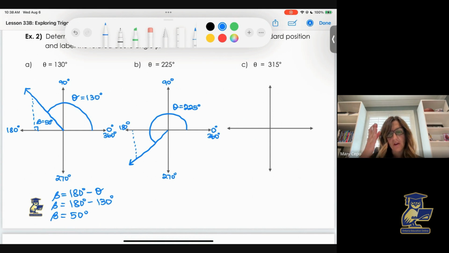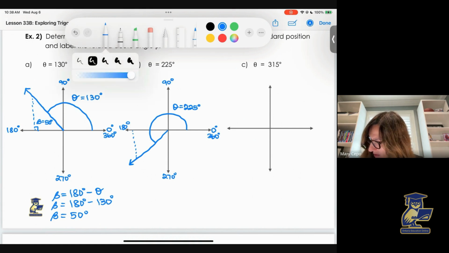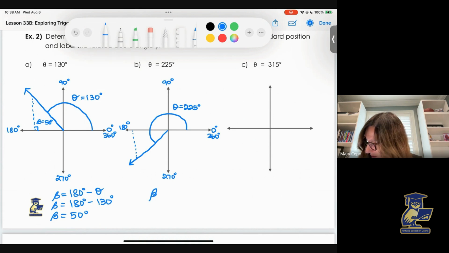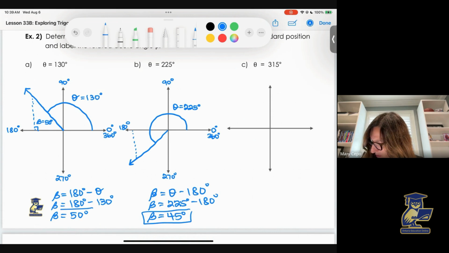So you're always drawing that vertical line from your terminal arm, whether it's up or down, towards the x-axis. So we know that beta is equal to theta minus 180 when you're in quadrant number 3. So we're going to take 225 minus 180 degrees. So that related acute angle is 45 degrees.